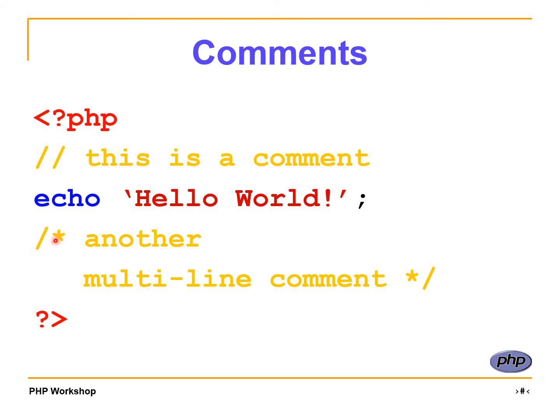Slash star indicates that it is a multi-line comment. So whenever the closing of this particular multi-line comment is reached, after that the next execution will happen. So this is the ending of the multi-line comment. Then after that the PHP script is closed. So this is for just displaying hello world.